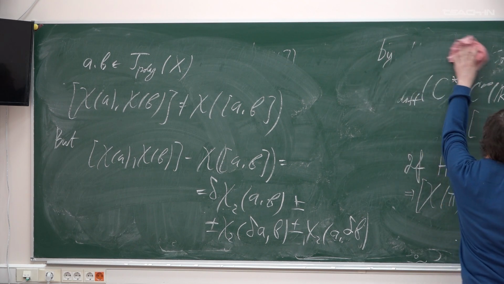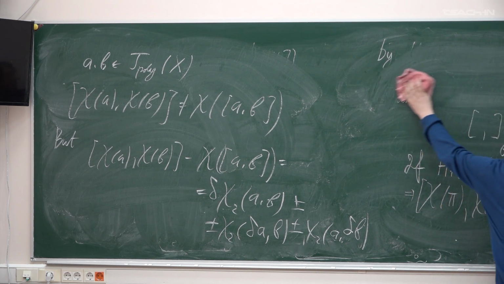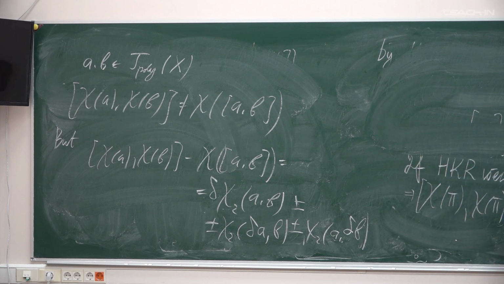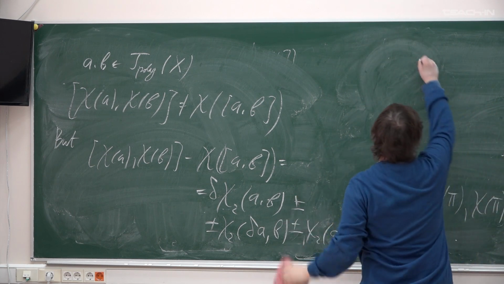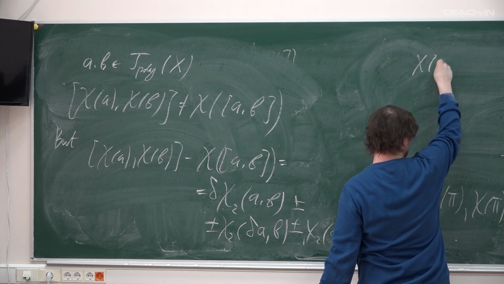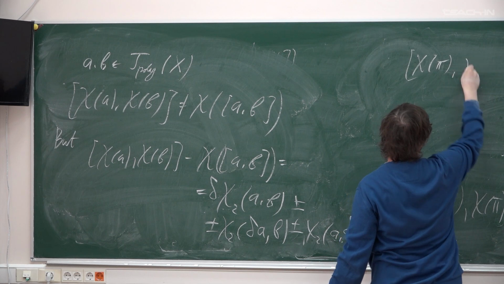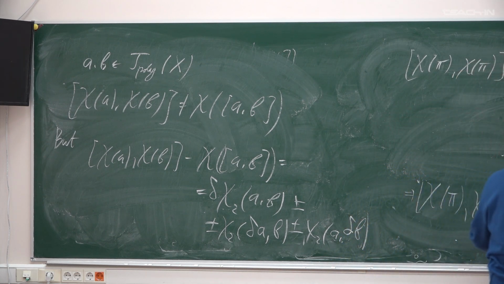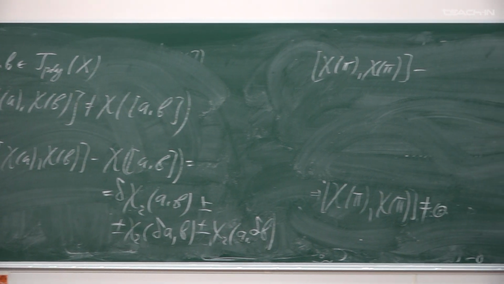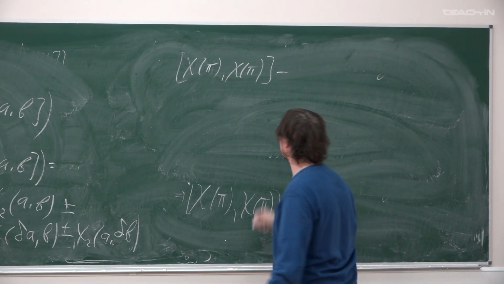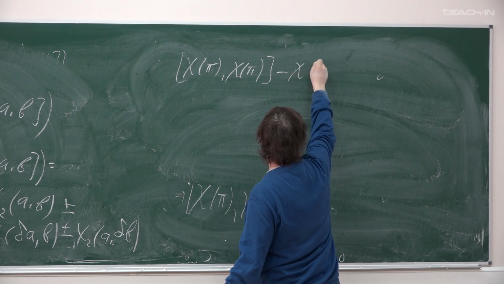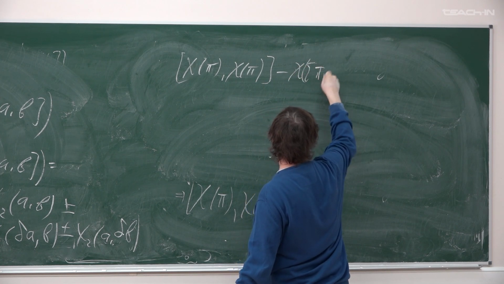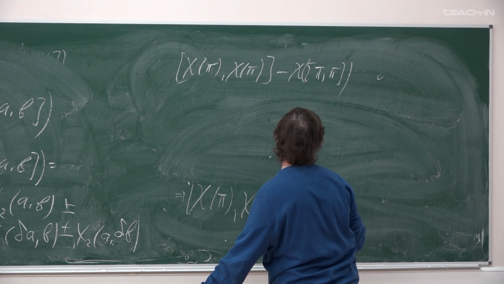But on the other hand, a difference, chi of pi minus chi of commutator of pi and pi, that's 0, right? But still, let me restore it to its full glory.